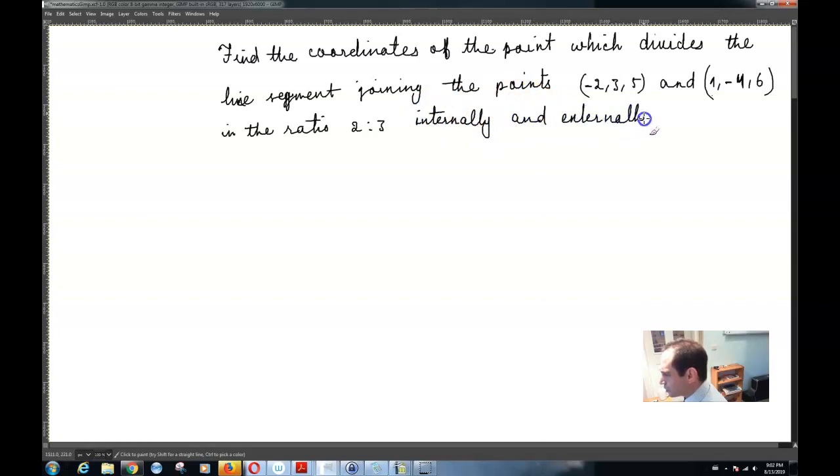So what that means is that basically you're looking for 2 points, dividing the line segment internally and externally in this ratio.